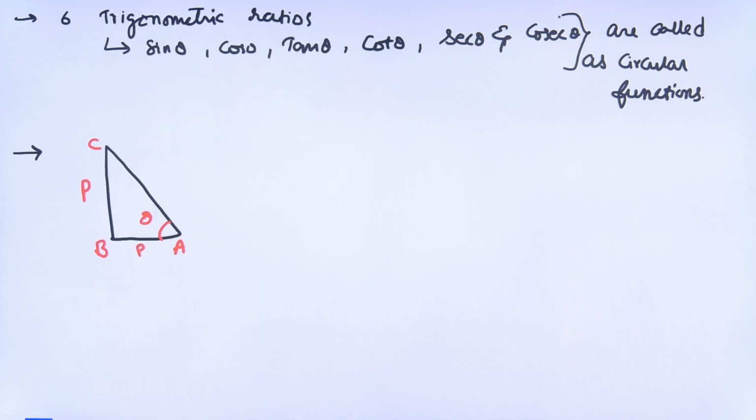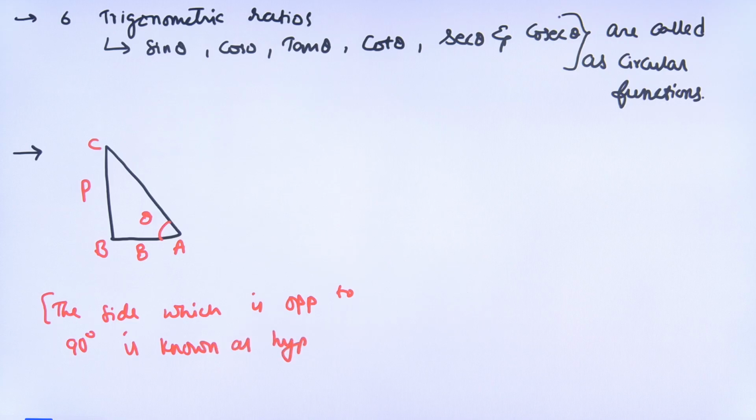This AB will be the base, and the side which is opposite to 90 degrees is known as the hypotenuse.